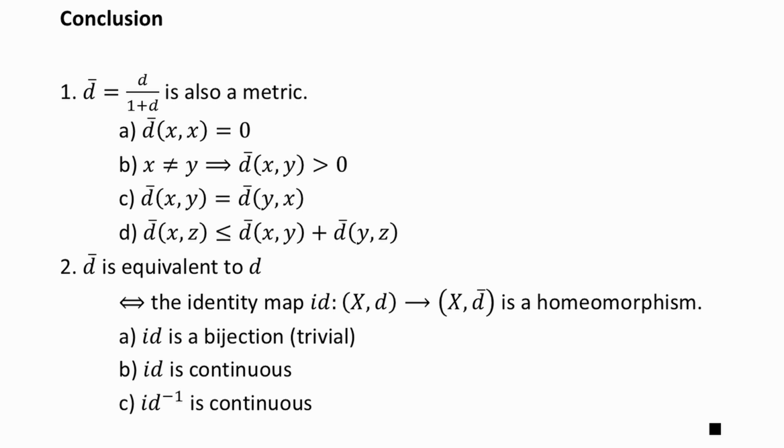The second part, we prove that d bar is equivalent to d, i.e. the identity map it from xd to xd bar is a homeomorphism, which means the identity map satisfies the following three conditions. The first one, it is a bijection, which is trivial, so we didn't show it. B, it is continuous. C, it inverse is also continuous. Thus, we solve the whole problem. End of proof.